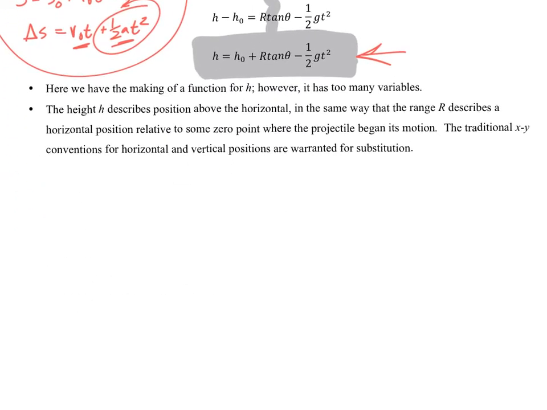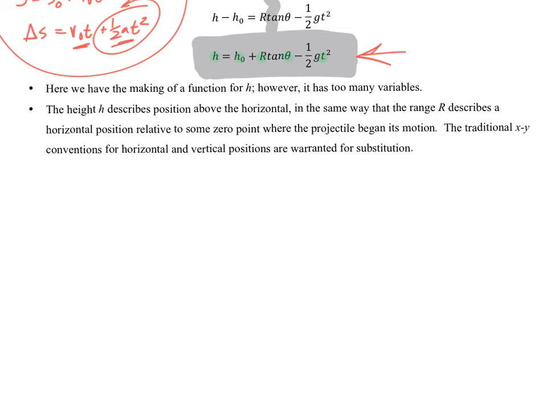Problem with it, mathematically speaking, and it's not that it's wrong, but I have 1, 2, 3, 4, 5 different letter labels. Okay, t is truly a variable.